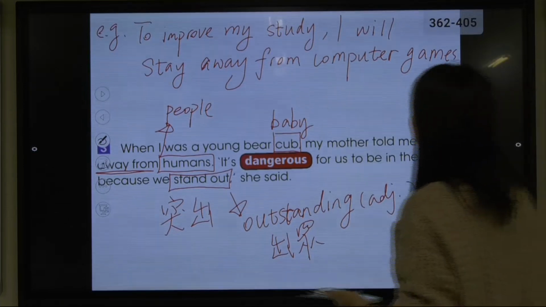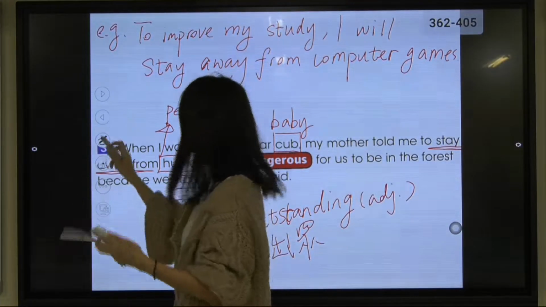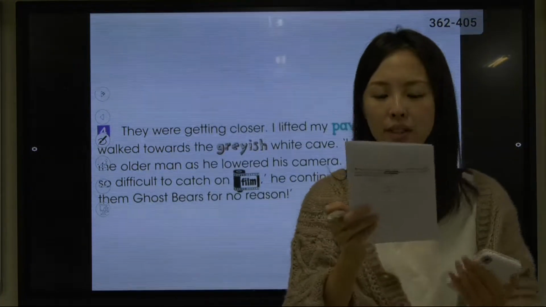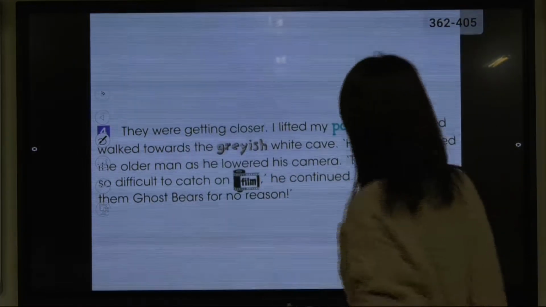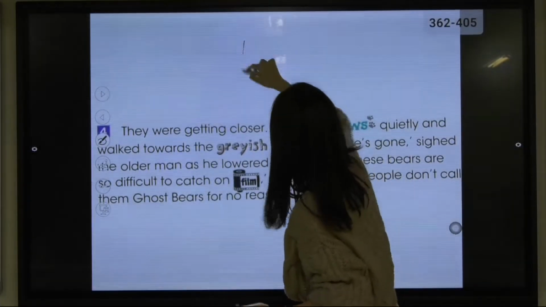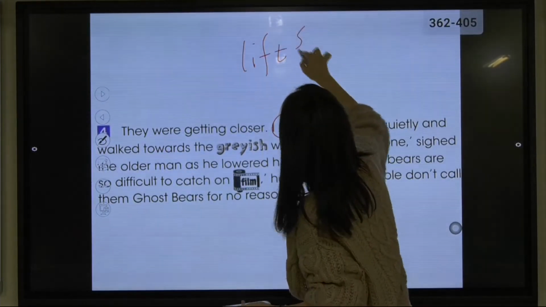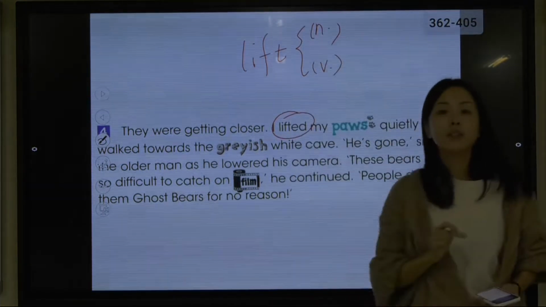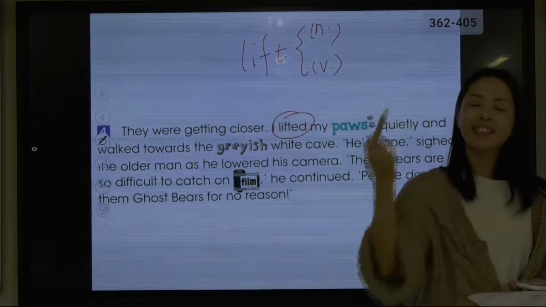Okay, now let's go to the last paragraph, okay? They were getting closer. I lifted my paws, okay, lift. A noun.